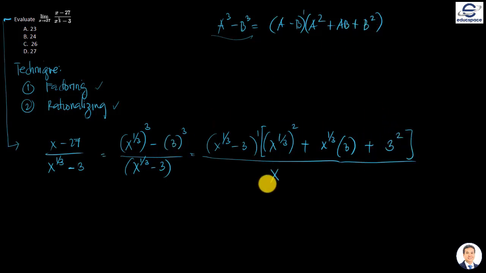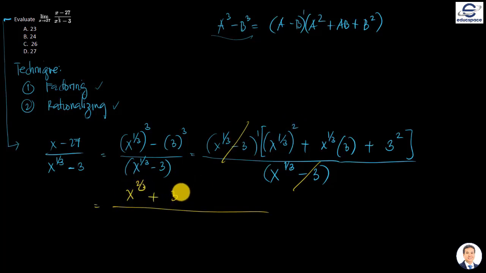In the denominator we have x to the 1/3 minus 3. Obviously we can cancel this part, so therefore we have x to the 1/3 raised to 2, which is basically x to the 2/3, plus 3x to the 1/3 plus 9 over 1.